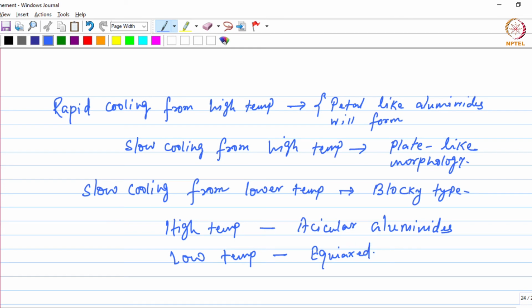So this transformation to the equiaxed kind of morphology, from the acicular or needle or plate-like kind of morphologies is actually attributed to a change in the interfacial energy with temperature.